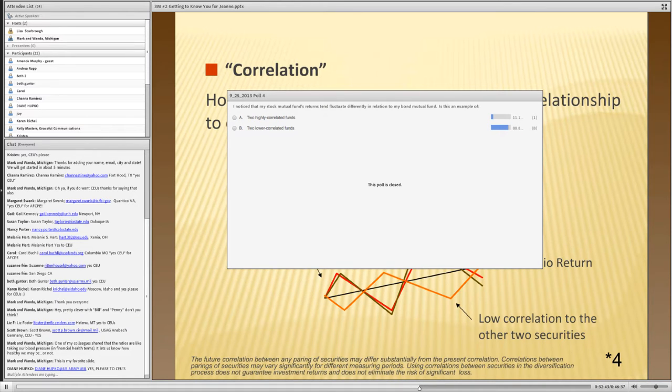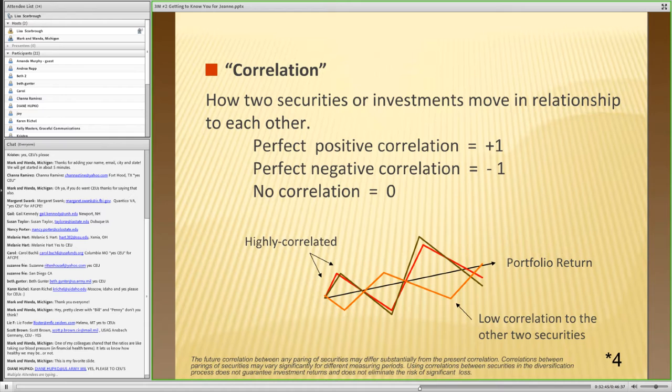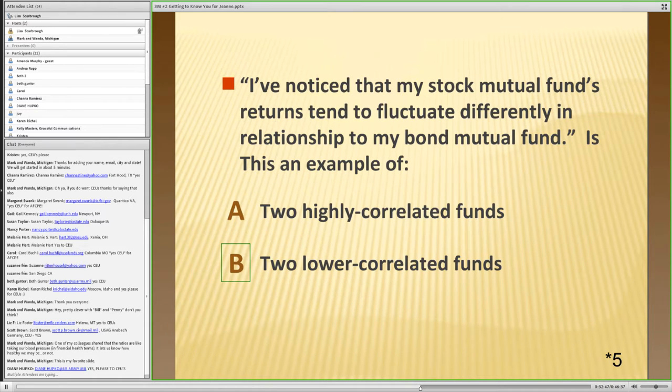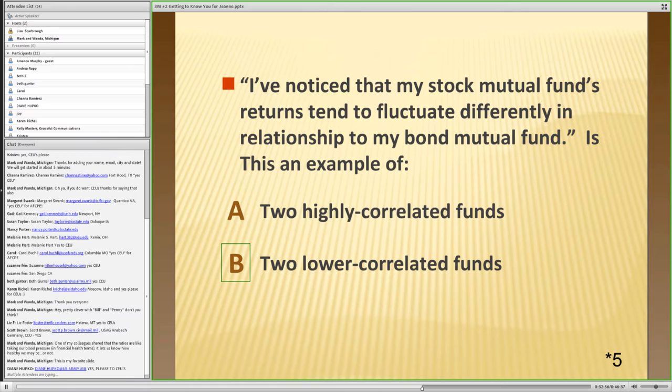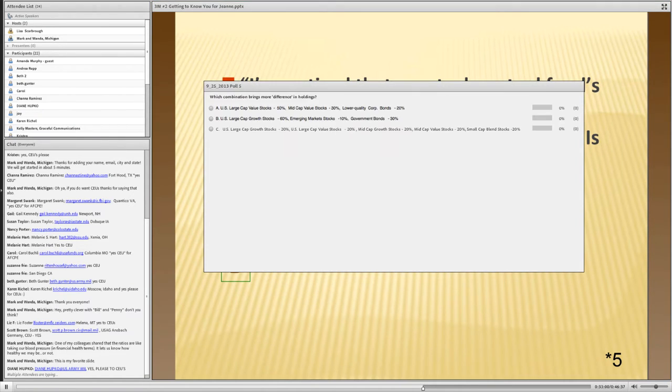Okay, again, overwhelmingly, you answered correctly. Two lower correlated. Great. So we know the answer is two lower correlated, the stock fund and the bond fund. All right. Which combination brings more difference in holdings?